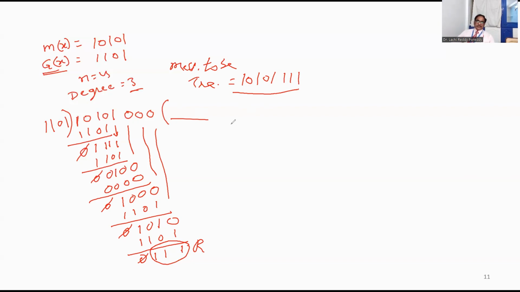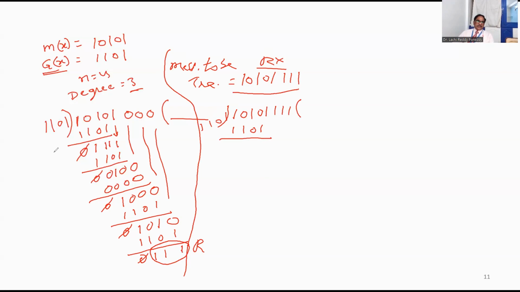Let us assume that this 1 0 1 0 1 1 1 1 is received as it is, with no errors. So 1 1 0 1. The MSB is 1, so 1 1 0 1. This is what we are doing at the receiver side. This is what we did at the sender, transmitter side, and this will be done at the receiver side.